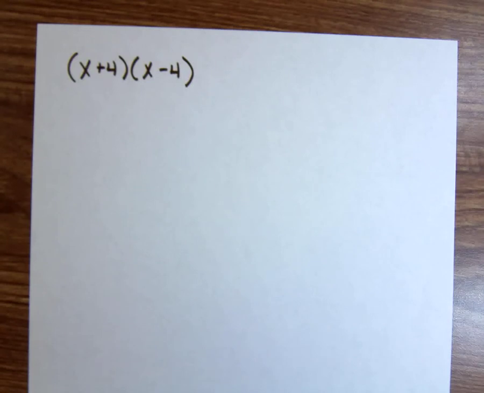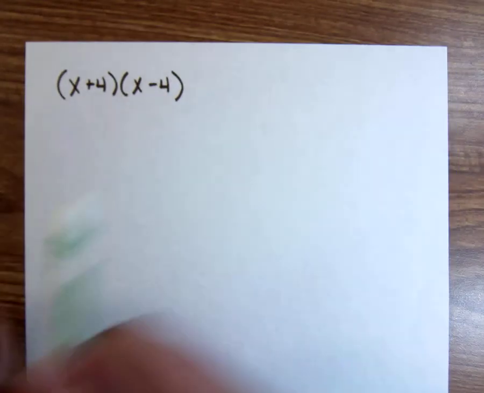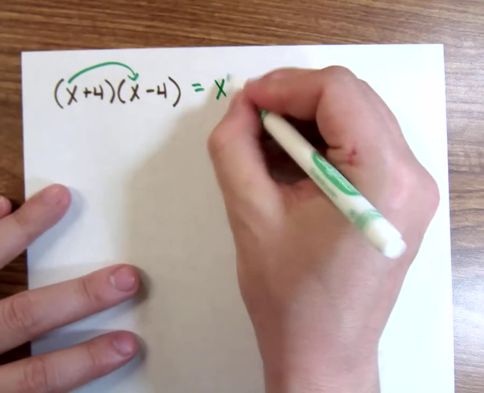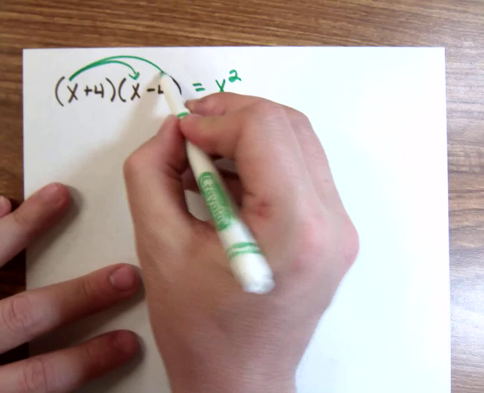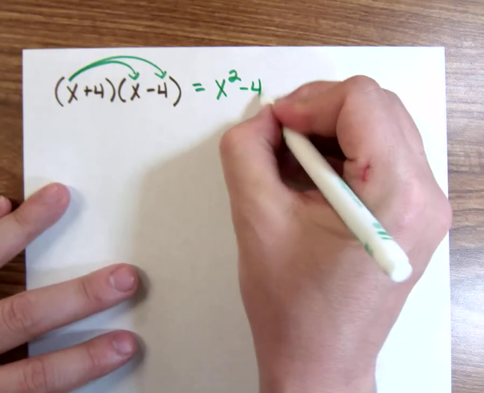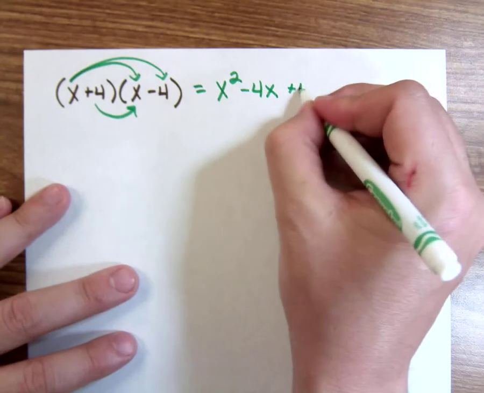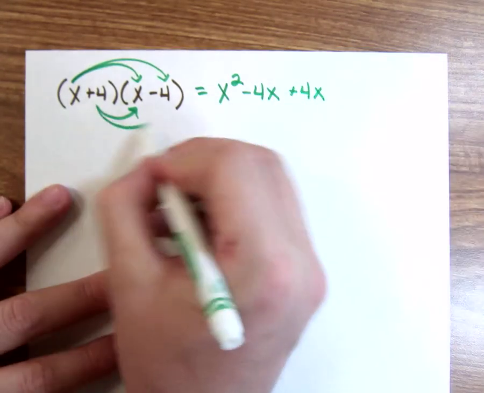So just like last time, I'm going to start off by multiplying it the long way. So this would be x times x and x times negative 4. And then 4 times x and then 4 times negative 4.